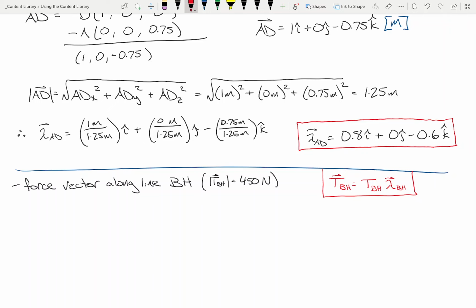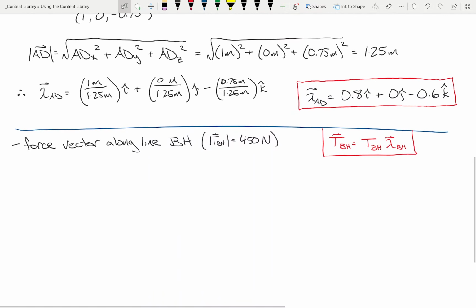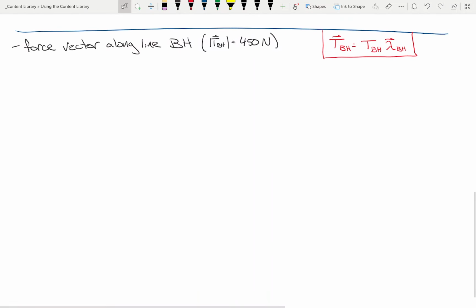Because remember, all this is just a force vector, magnitude times lambda. And how do we get a lambda vector? We take the distance vector, divide it by its own magnitude, right? So, same idea. Everybody good?